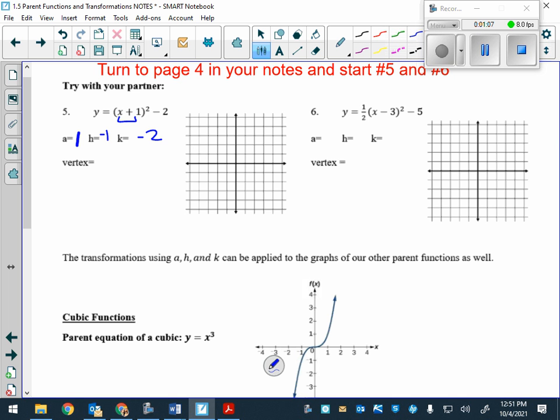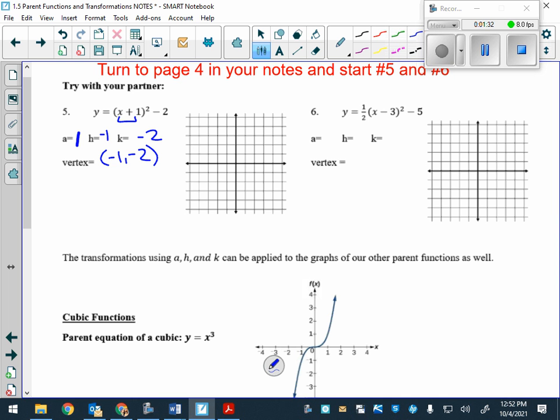Emma. -1, -2. And before I start or move anywhere, how am I getting to -1, -2 from 0, 0? What do I have to do? Liam? Okay, what transformations are happening?